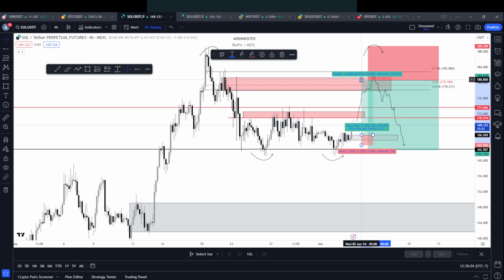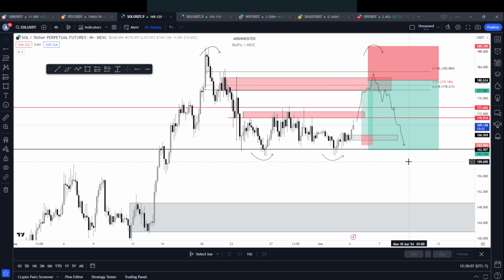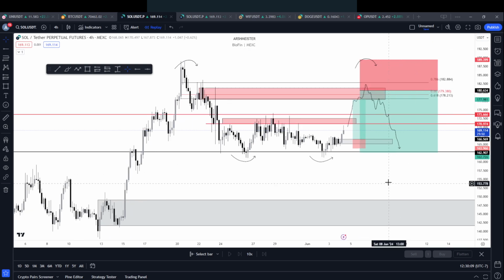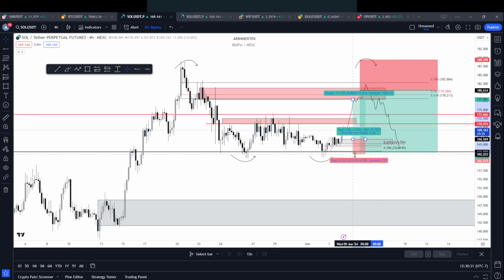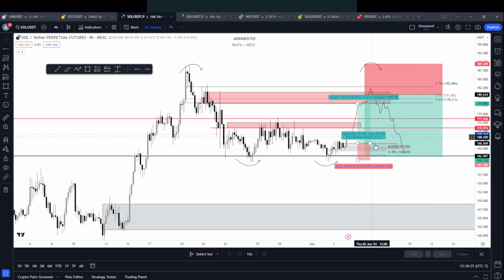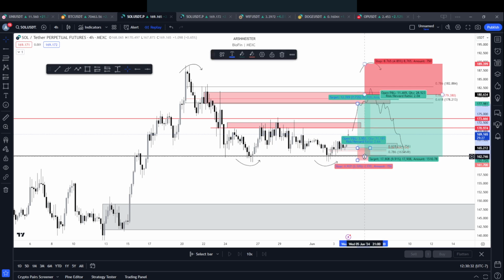Very, very tight stop loss, something like that. Maybe stop loss below 161. Entry, DCA around the golden pocket would bring your average down to like there. Risk is still intact, and then this would make it about a 3.5 hour trade if your DCA fills.